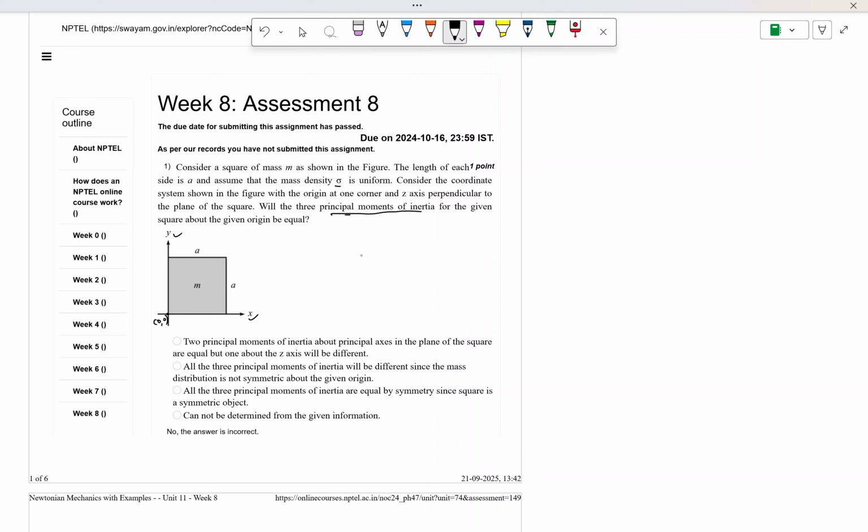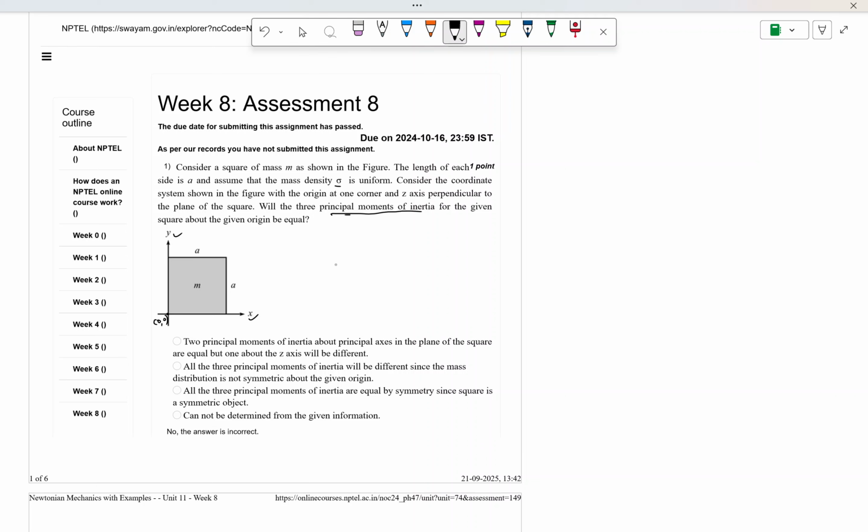Principal moments of inertia come from calculating the eigenvalues of the moment of inertia matrix, and the corresponding eigenvectors are your principal axes.